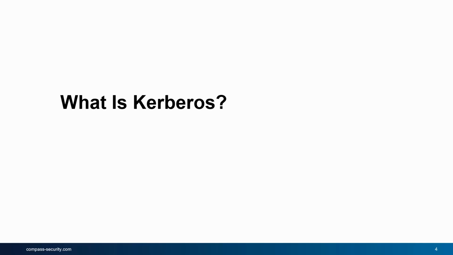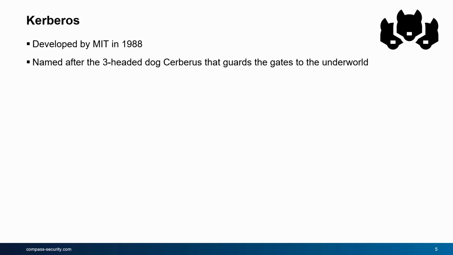So what exactly is Kerberos? The Kerberos protocol in its initial form was developed by the MIT in 1988. Now, this is not the exact version that we are going to talk about in this video series, since we will be looking at the Microsoft version of Kerberos, but more details on this later.